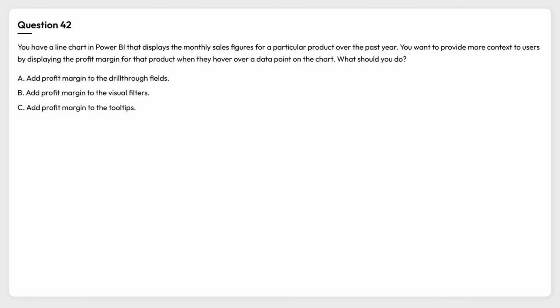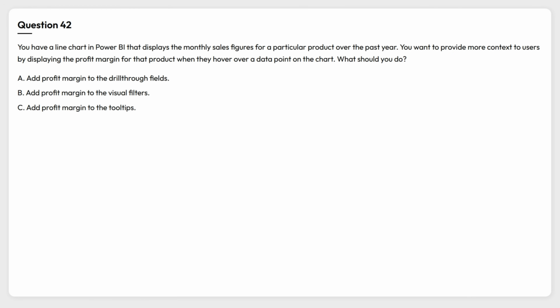Question number 42. You have a line chart in Power BI that displays the monthly sales figure for a particular product over the past year. You want to provide more context to users by displaying the profit margin for that product when they hover over a data point on the chart.